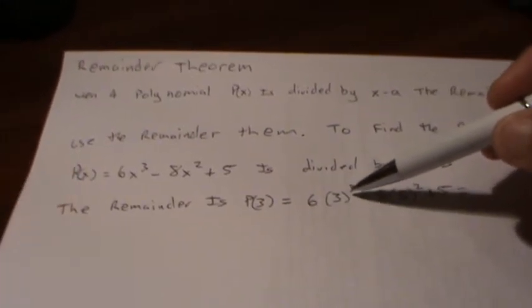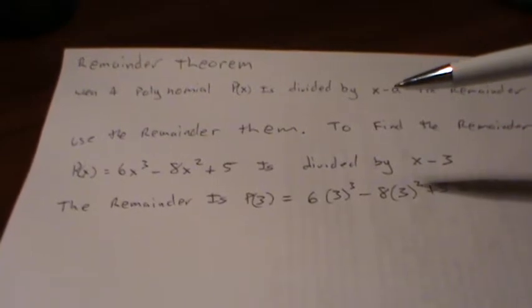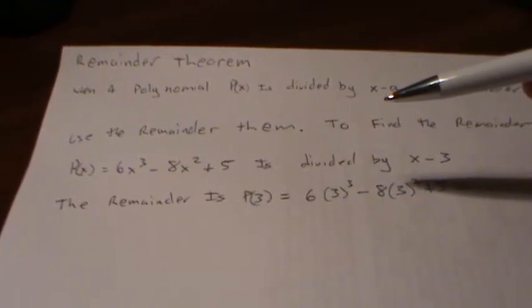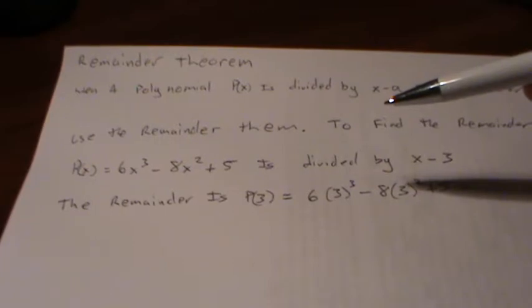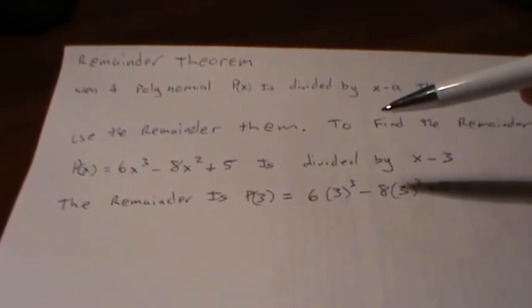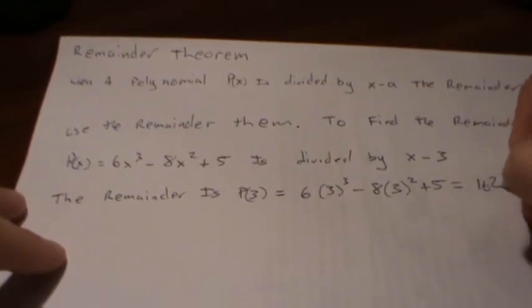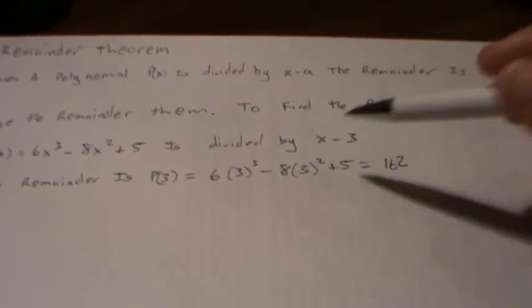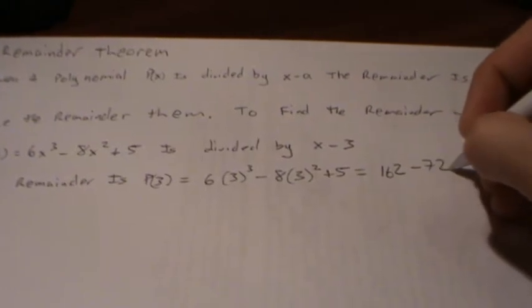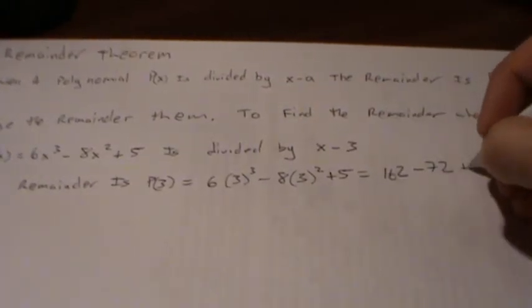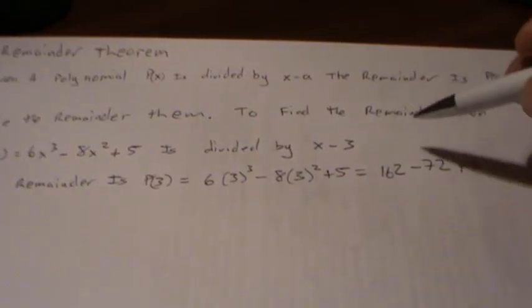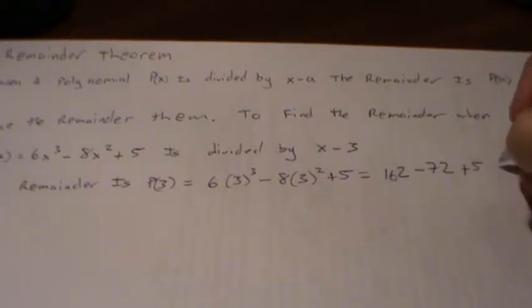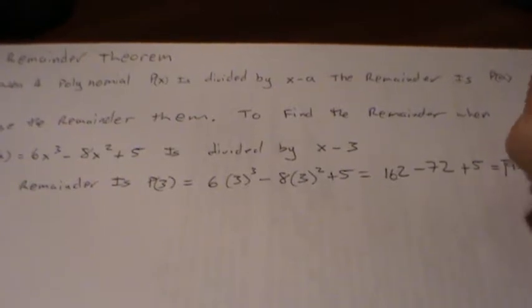3 to the third is 27. 27 times 6 is 162. 3 squared is 9. 9 times 8 is 72, and plus 5. 162 minus 72 is 90. 90 plus 5 is 95.